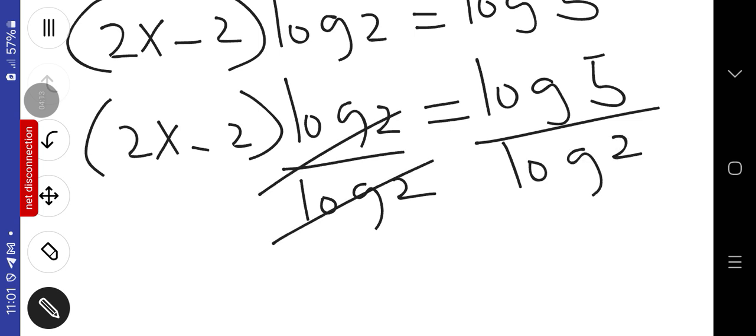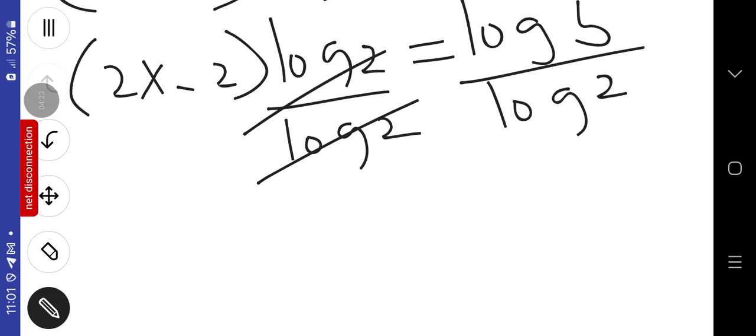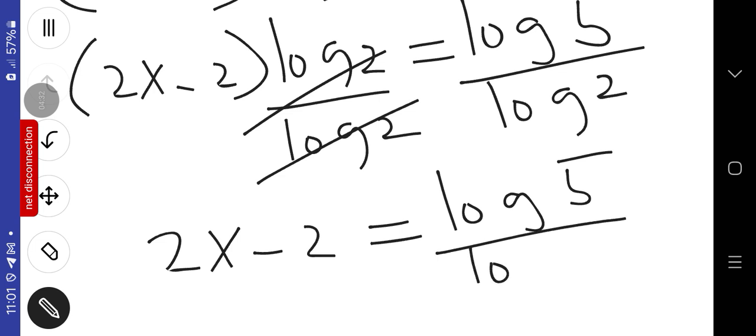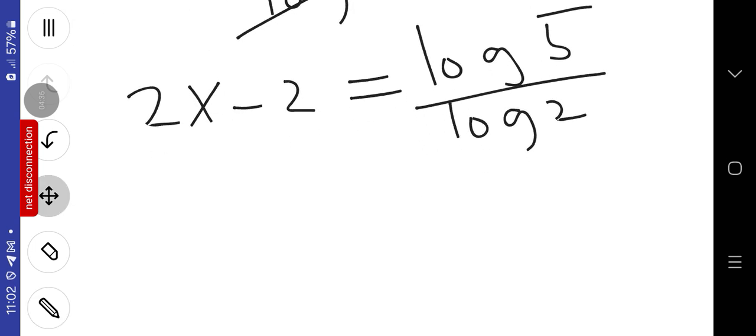We are doing that because we want to group the equation, so we are moving the logs to one side. Now the equation becomes 2x minus 2 is equal to log 5 over log 2. So this is our equation now.